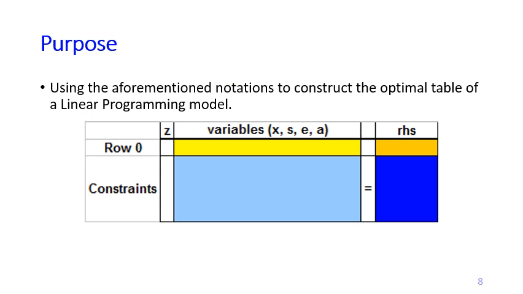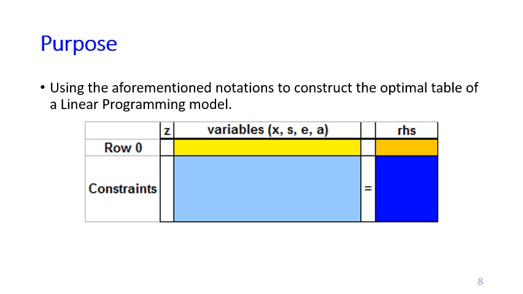Now, once we have defined all those notations and how to get the values for each of them, we may then use all those notations to construct the optimal table of a linear programming model.